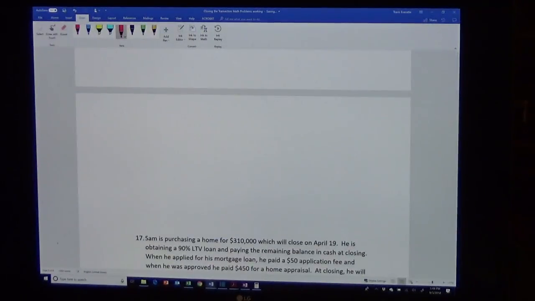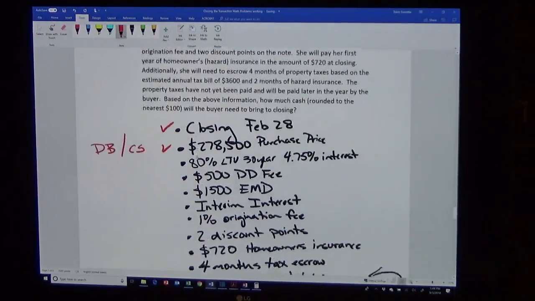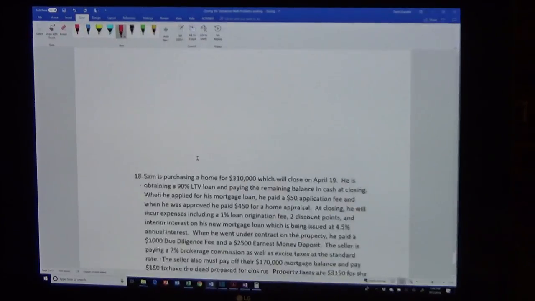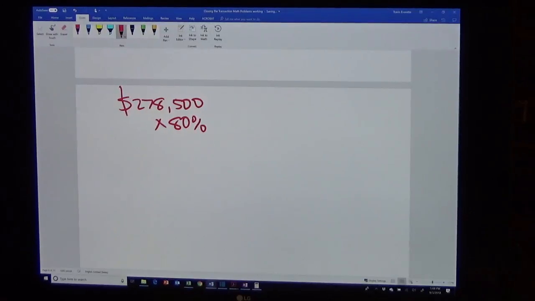So we've got a loan amount, which is going to be 80% loan to value. So $278,500 times 80%.